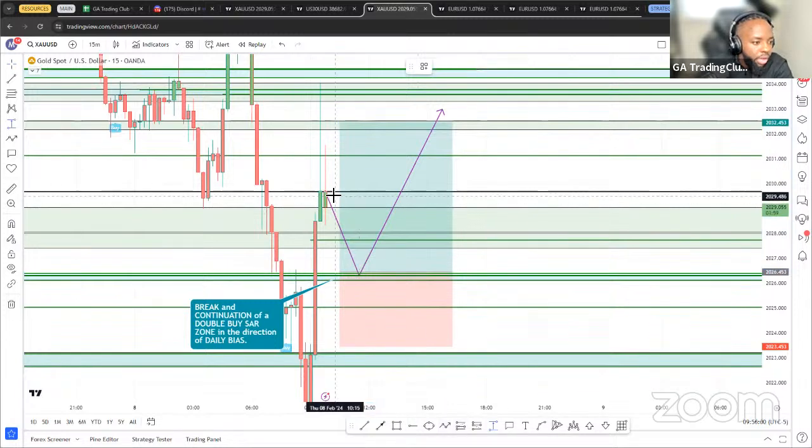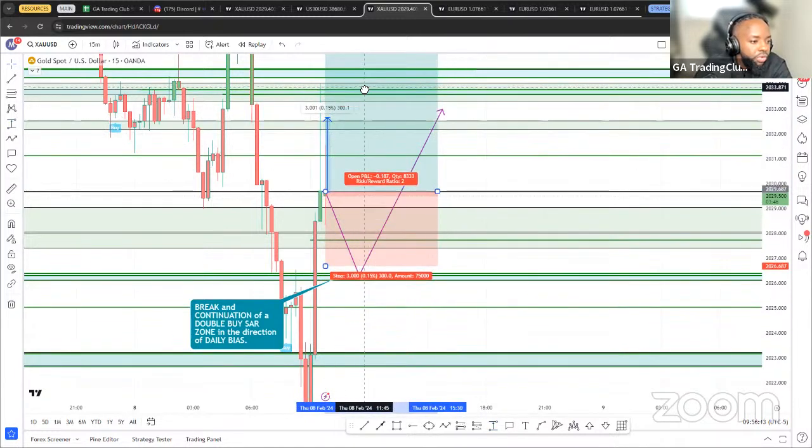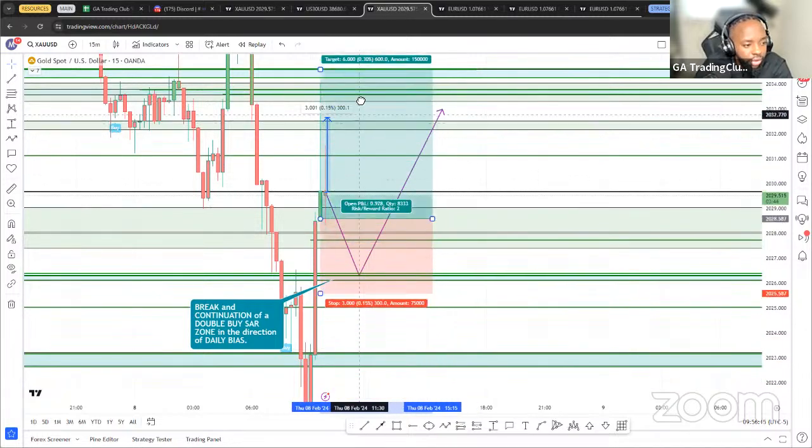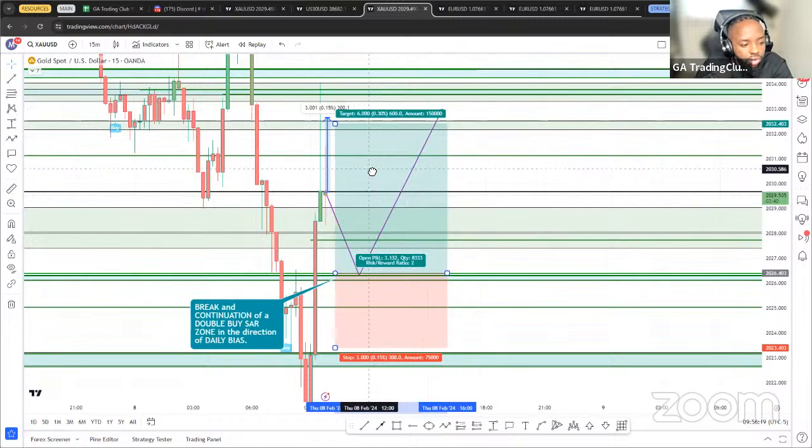Then we just do a markup of where somebody would be setting break even for the trade, because the trade validated up here. All the way up here is where the trade validated, right? But you always want to ask yourself, relative to your entry, where is the SAR zone you're looking to trade? The SAR zone was all the way down here.